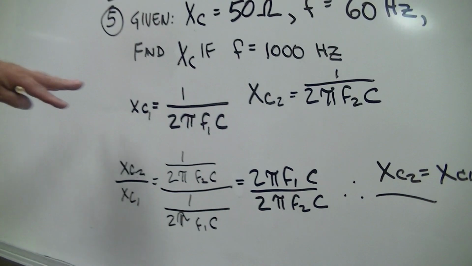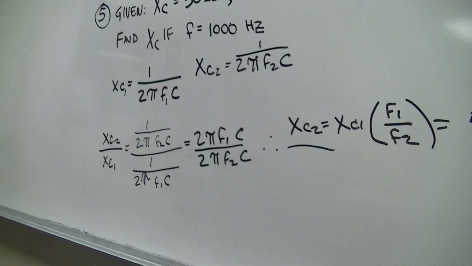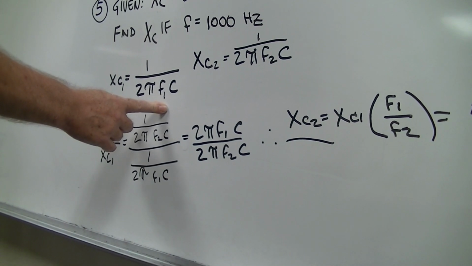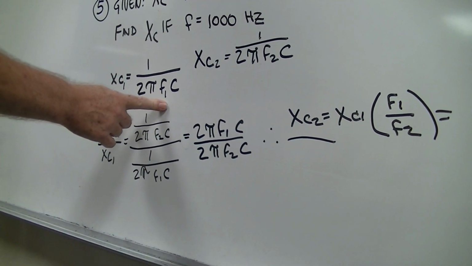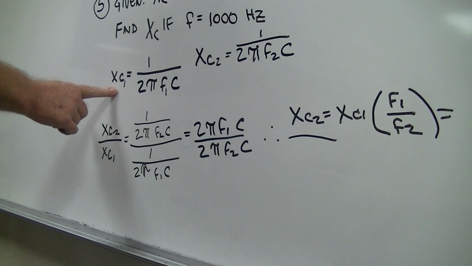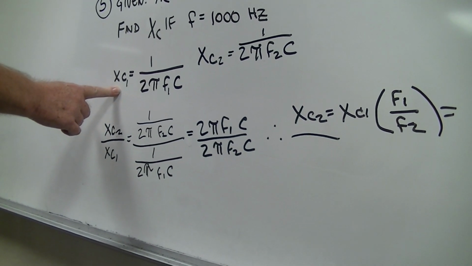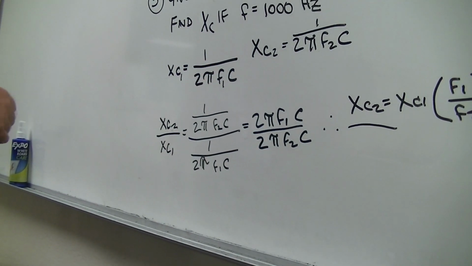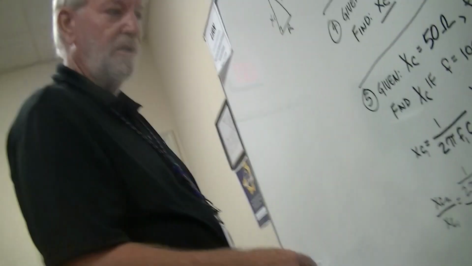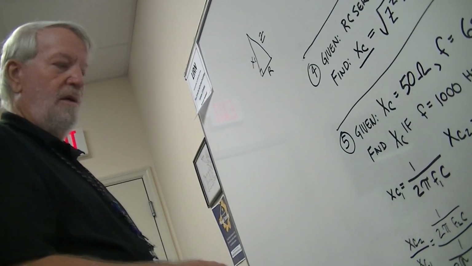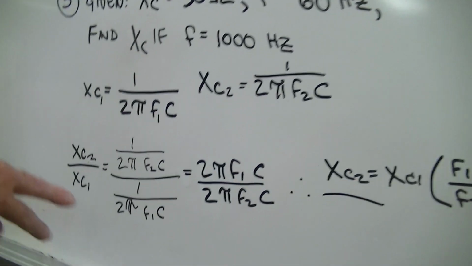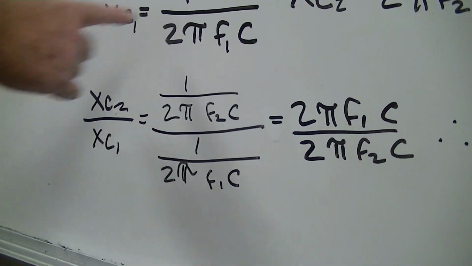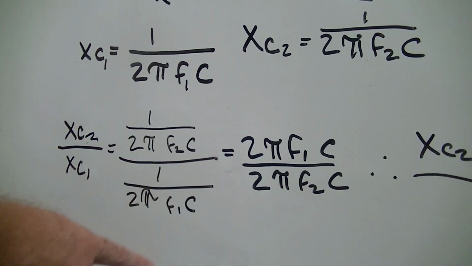Now, when you look at this, you have to ask yourself, what happens if my frequency goes up? Well, if this is a larger number, then this will be a smaller number, all right? Because we're dealing with fractions, which says that the two values are inversely proportional to each other. So down here, I created a little equation where I divided the two equations by each other.